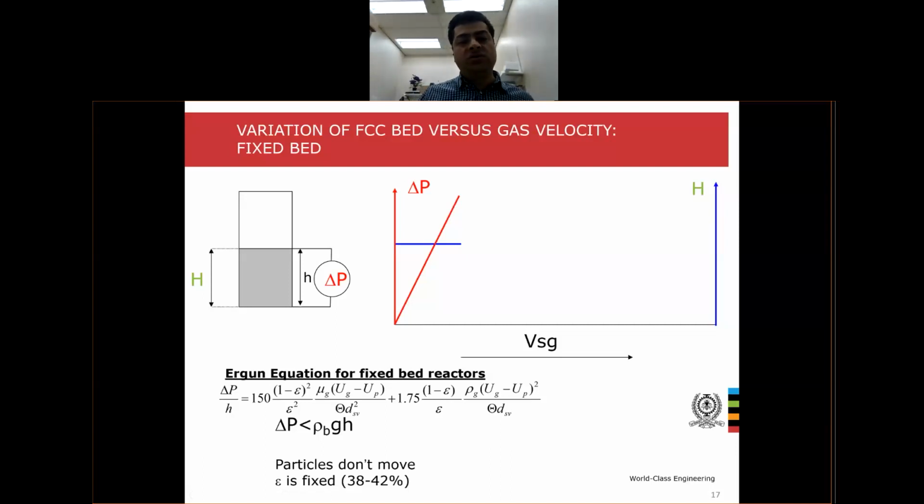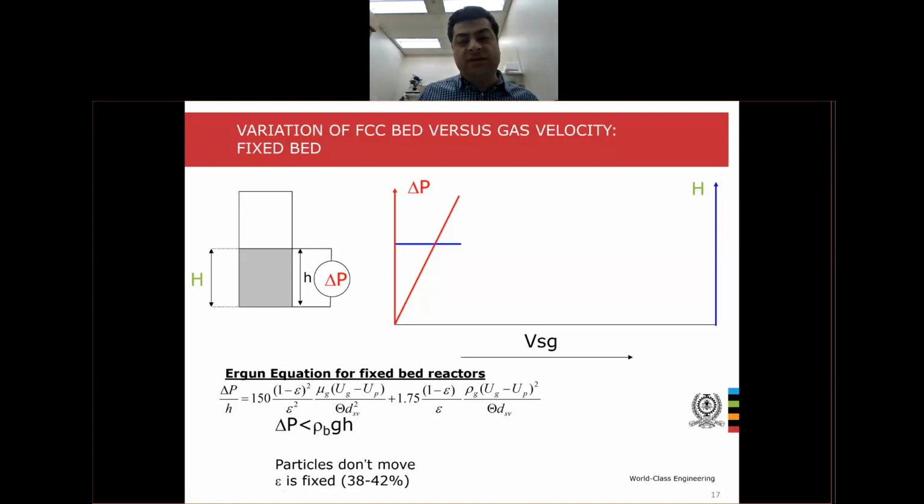Okay, so you know the Ergun equation, I'm sure, from your transport phenomena. You can use the Ergun equation to calculate the delta P of the reactor, a packed bed reactor. If you have a pressure transducer, for example, you can compare this delta P with the delta P that you calculate from the Ergun equation.